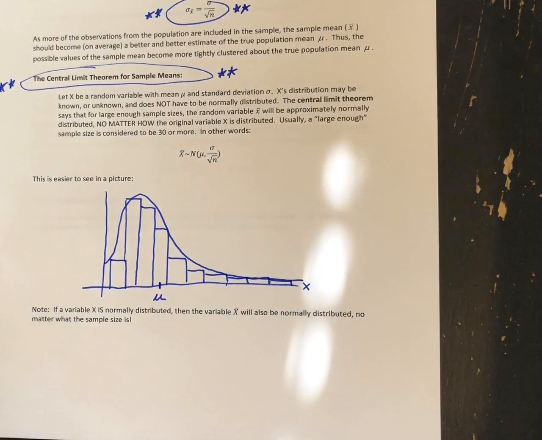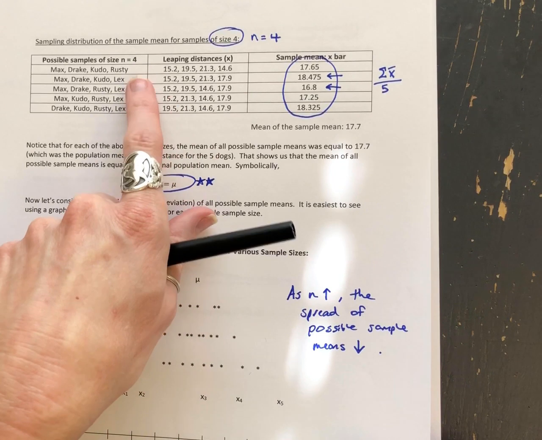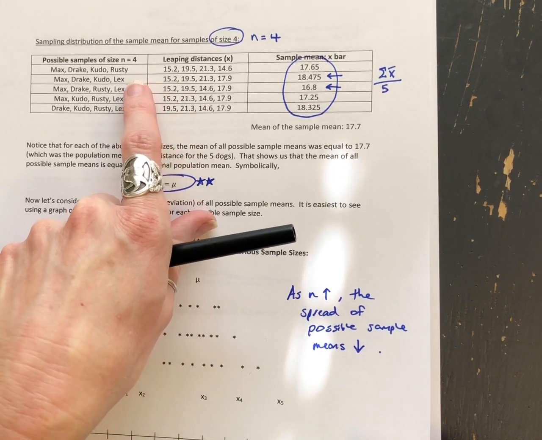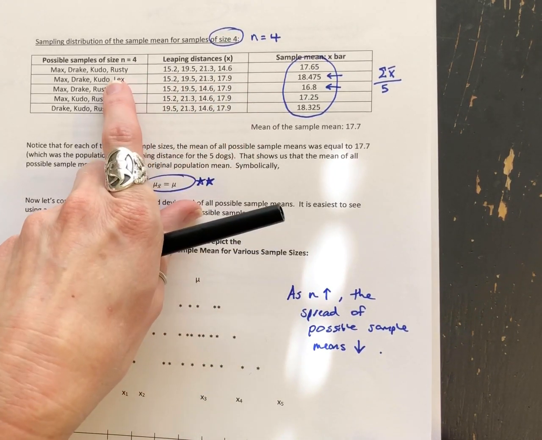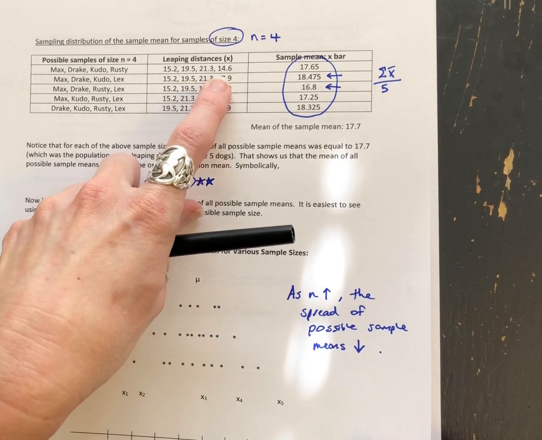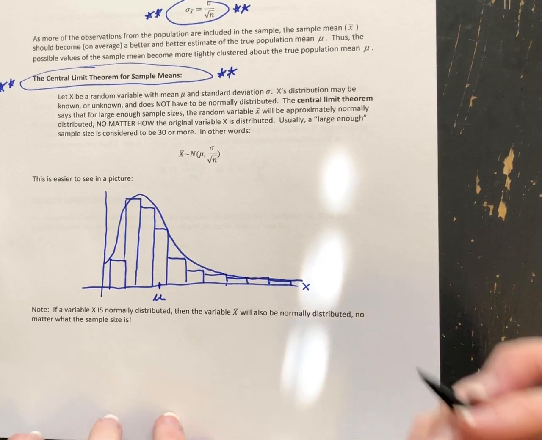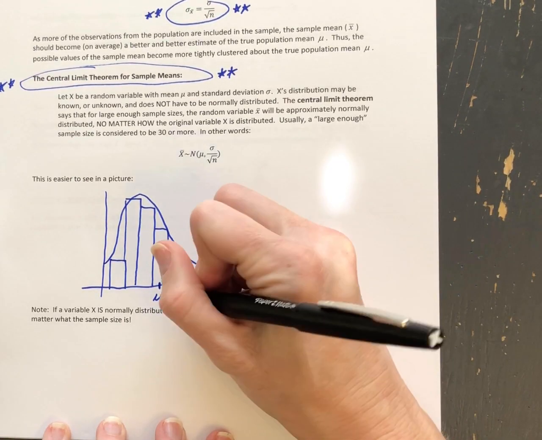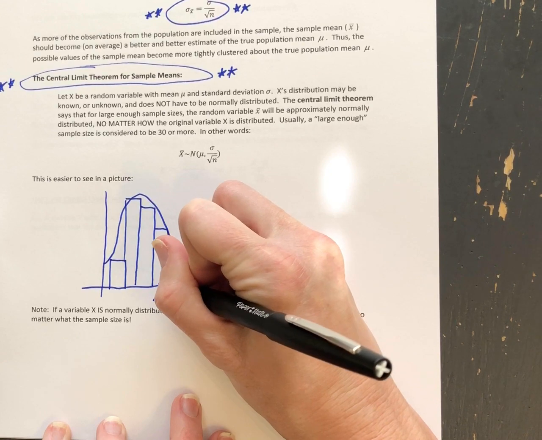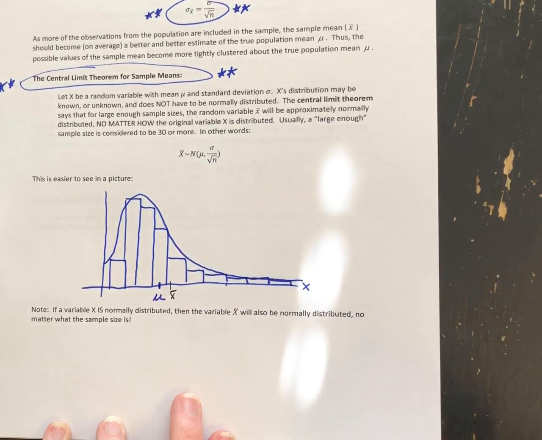Just like we did with the dogs' leaping distances, if we didn't know mu, we would take a sample and calculate a sample mean x bar. Because x bar is an unbiased estimator for mu, maybe I take a sample mean and I get this value, x bar.